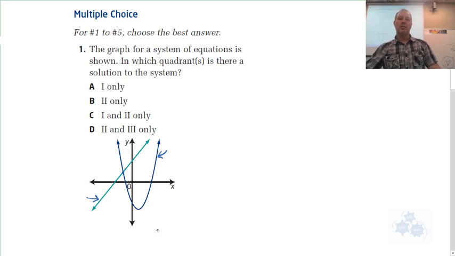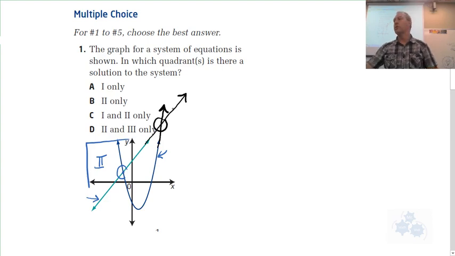Now, does that mean that there is a solution in this quadrant only? And this would be quadrant 2. Or is there a solution somewhere else? If you look at this line, we have a certain snapshot of this system, but if this is extended, the way it is, it extends all the way up, and this is extended, which it is, it extends all the way out, then we would have another solution here, wouldn't we?